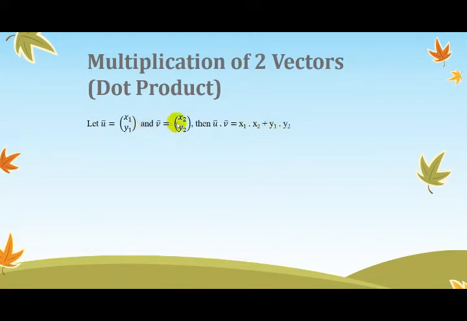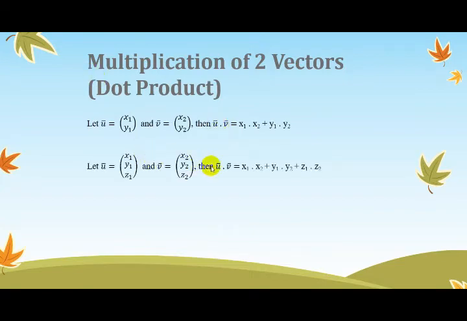Multiply the first component with the first component and then add the multiplication of the second components. The answer will be a scalar. It is not a vector. So the dot product of two vectors becomes a scalar.